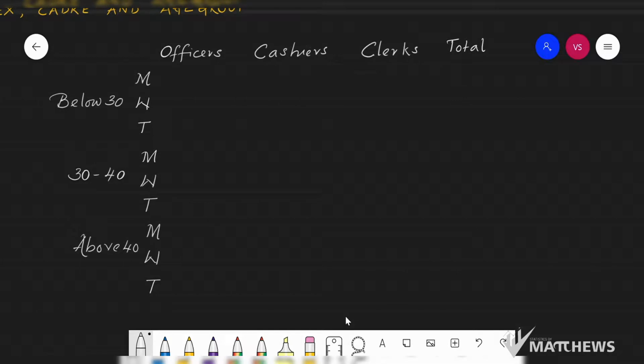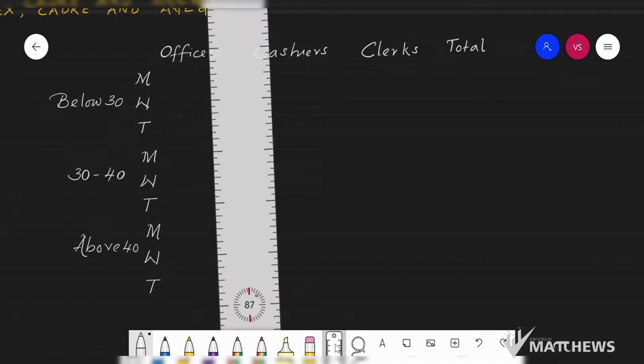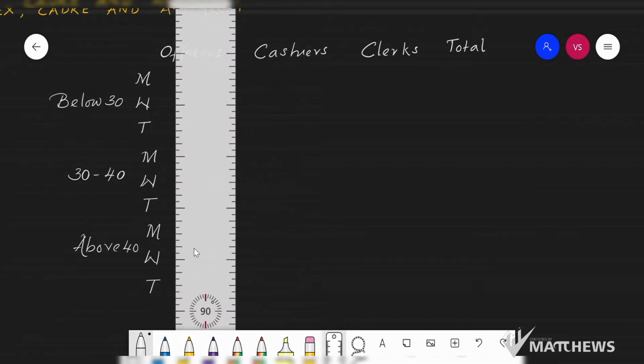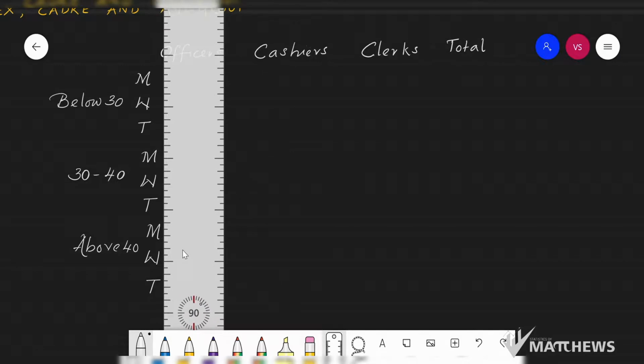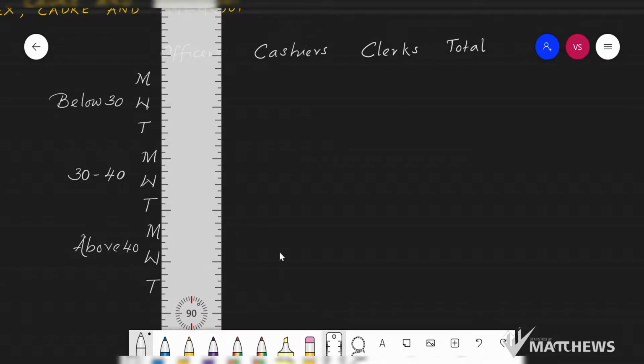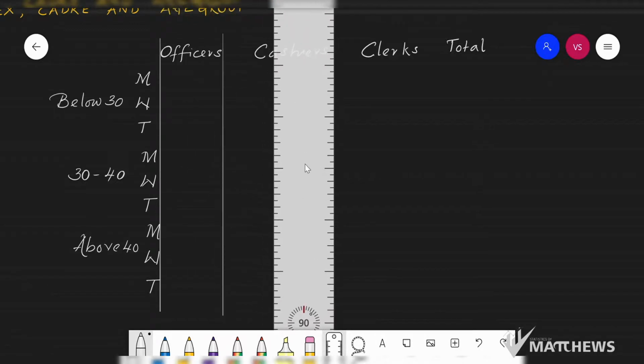Fine. So now let's introduce the rows, the lines, students, so that it will be easy for us to differentiate. Okay, so I will first draw this line, then I will draw this line. Then we have cashier's line.